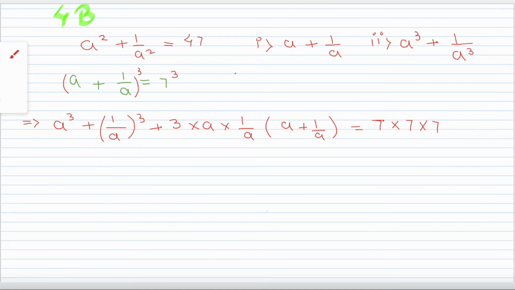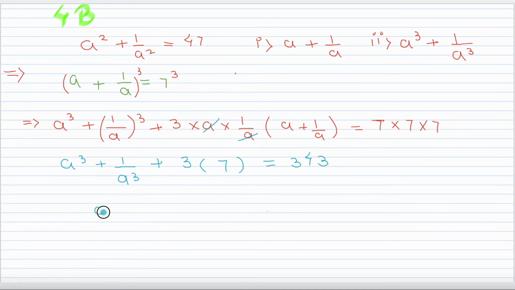Okay, now simplify this one. You will get a cube plus 1 upon a cube plus, this one gets cancelled, 3 into a plus 1 upon a, which is nothing but 7, is equal to 343.